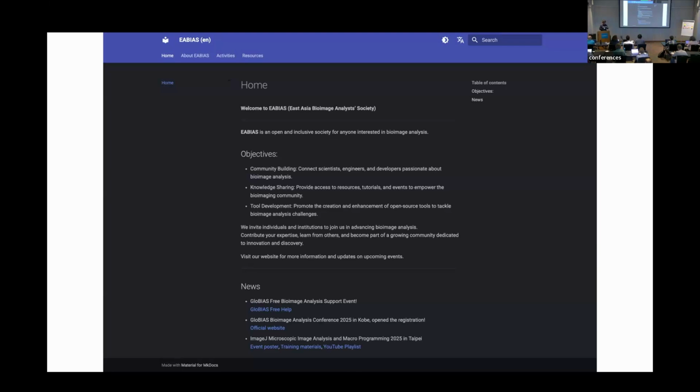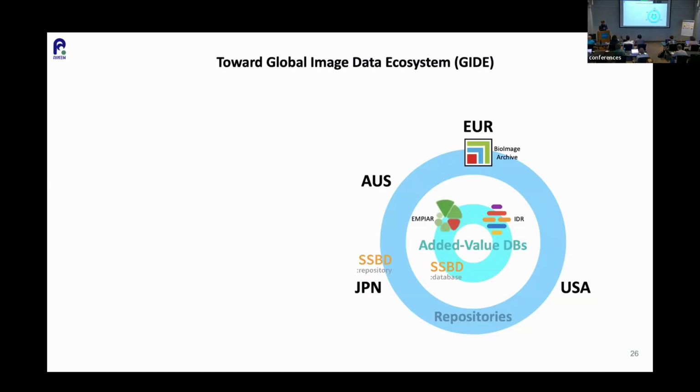In total, we want to make a bio-imaging system in the Asia Pacific region to communicate with other places. So we need help from yourself, but we are now pushing in this direction. We want to make a global system of sharing and utilizing the existing data.